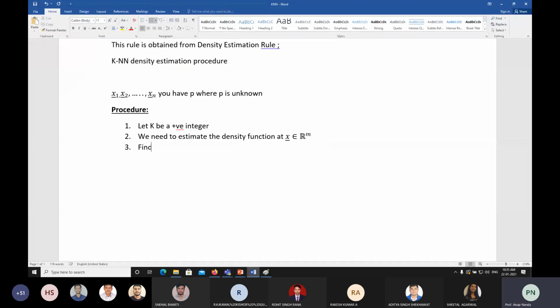Find the k nearest neighbors of x among x1, x2 till xn.